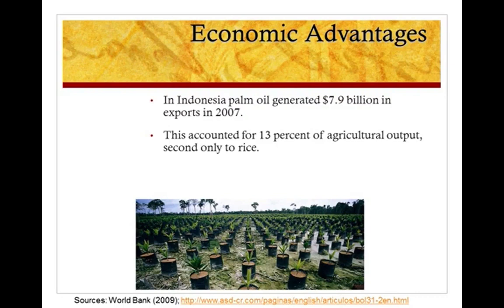I'm not sure if we updated this data. In Malaysia, also a big palm oil producer, in 2008 it accounted for $19.6 billion, so almost $20 billion. So what are the economic advantages? Highly profitable, and that's why we're seeing a lot of palm oil production in Southeast Asia. Indonesia, Malaysia, you're going to see reference to those more than once in this presentation.